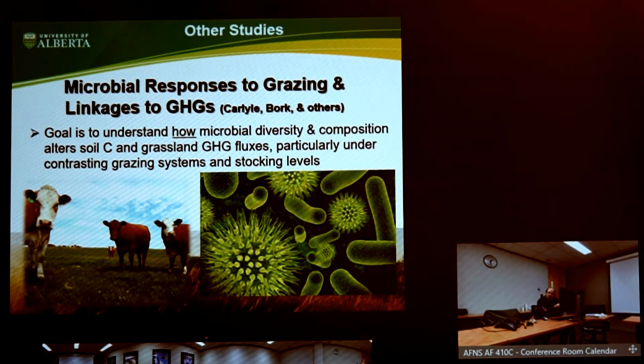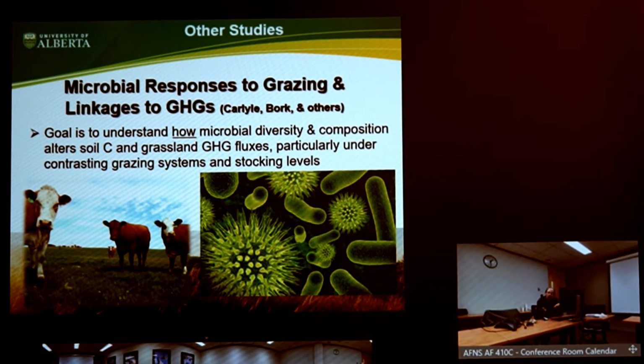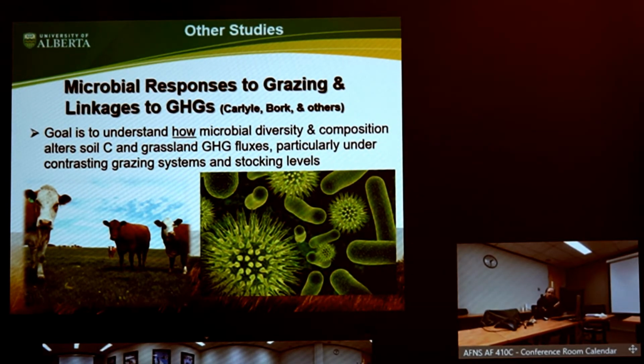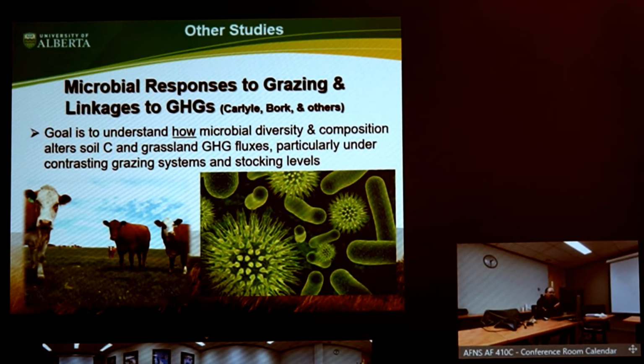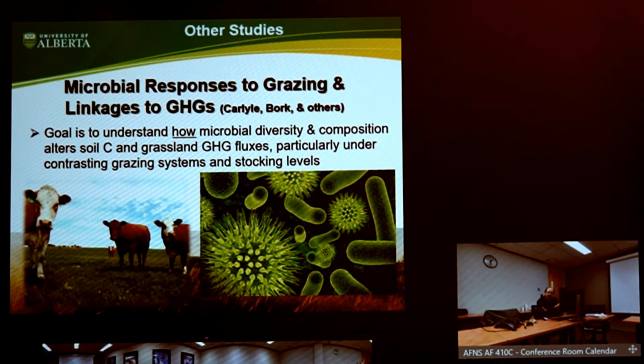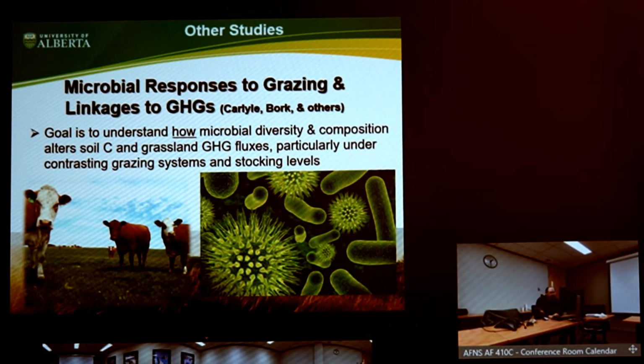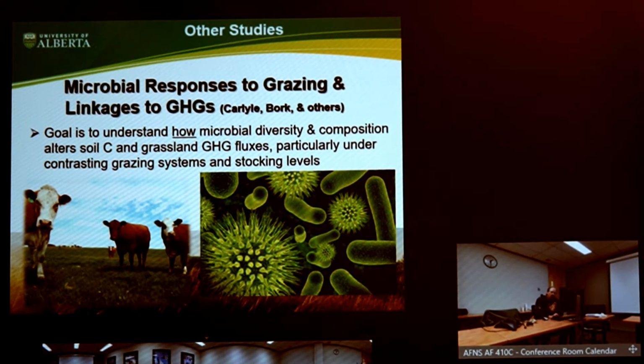Because we know that soil microbes are the ultimate mediators, if you like, of carbon cycling of both litter and soil organic matter. If we can understand this, then we might have further insight into predicting where, when, and how grazing actually will change soil carbon and associated greenhouse gases. Because again, the goal here is predictability of carbon in relation to grazing.